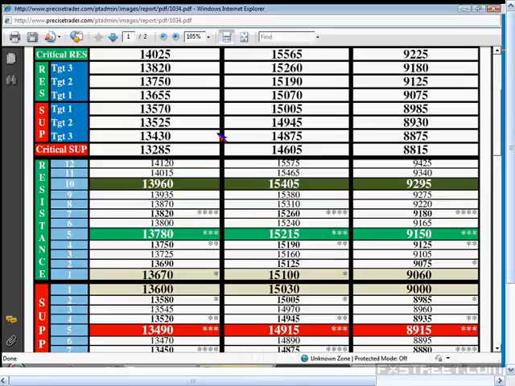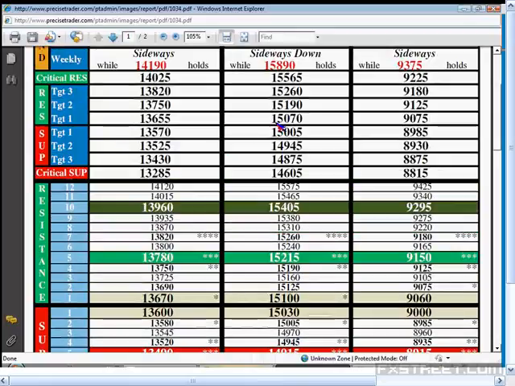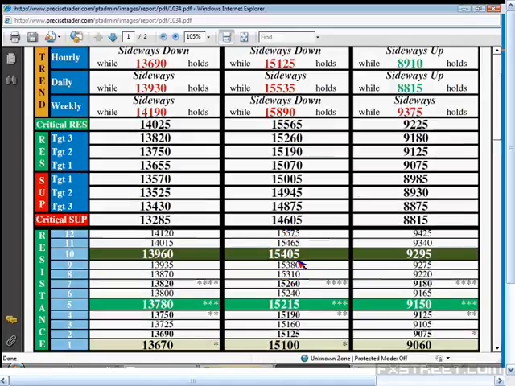Let's see. We have a resistance target 1, which is 15030, which is going to be my immediate selling price. The next level I would look to sell is 15070, right?